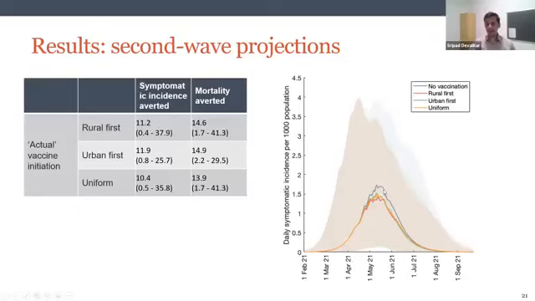So the dark blue line that you see here is in a scenario where there is no vaccination happening. And so if no vaccination happened, then how would the number of infections vary over time from the beginning of the second wave? The red line is how the disease incidence would change if one were to follow a rural first strategy.